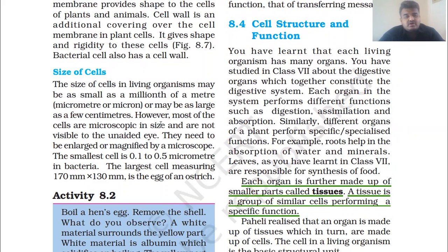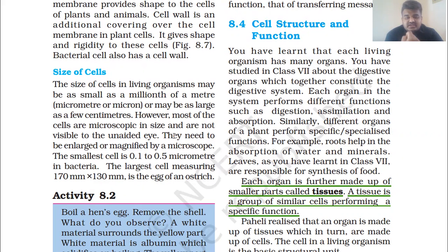However, most of the cells are microscopic in size and are not visible to the unaided eye. They need to be magnified with the help of a microscope. The smallest cell is 0.1 to 0.5 micrometer, which is the bacteria.